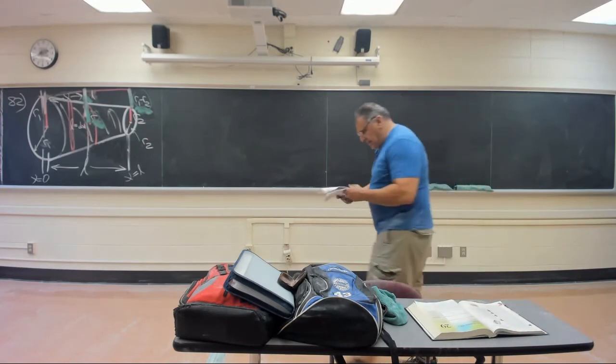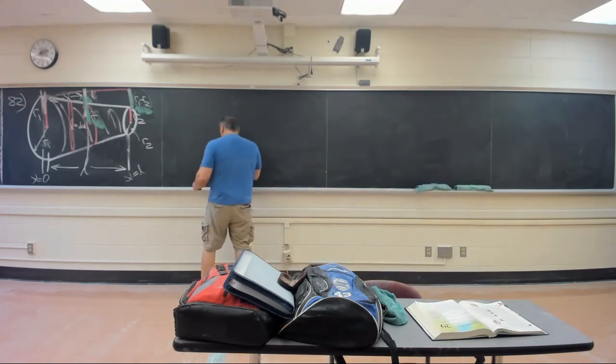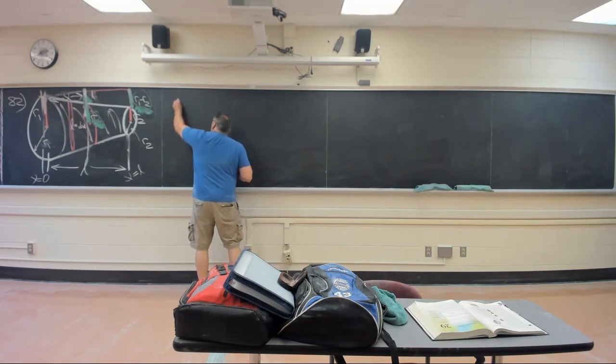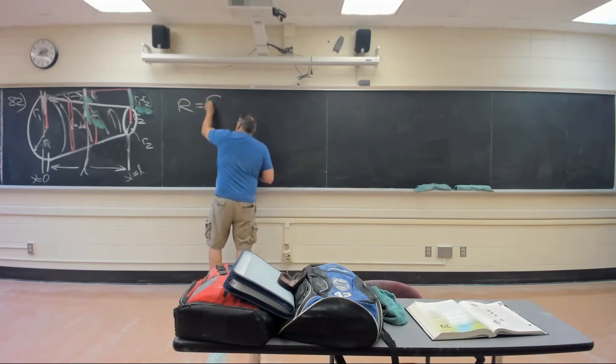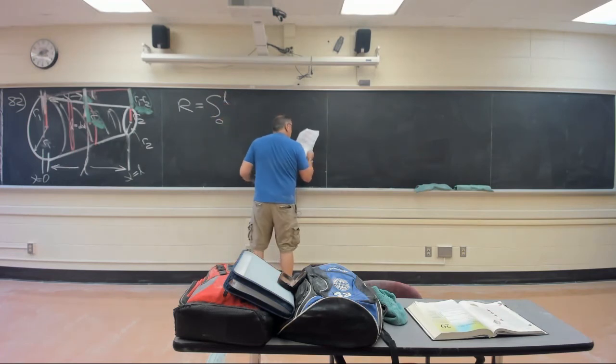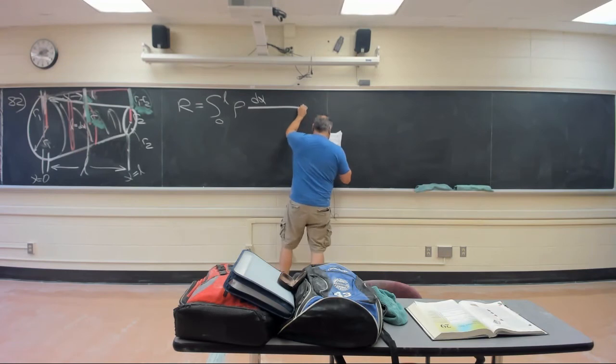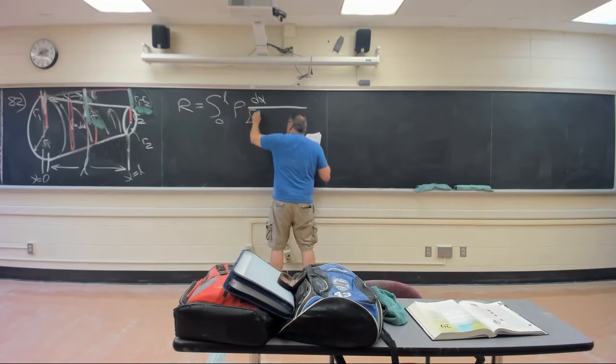Well, we said it has to be done. You're going to have to run from x equals 0 to x equals L. Here goes. The resistance is going to be the integral from 0 to L of what we wrote down. Obviously I just erased it, but we can do it. We got dx here. We got pi.